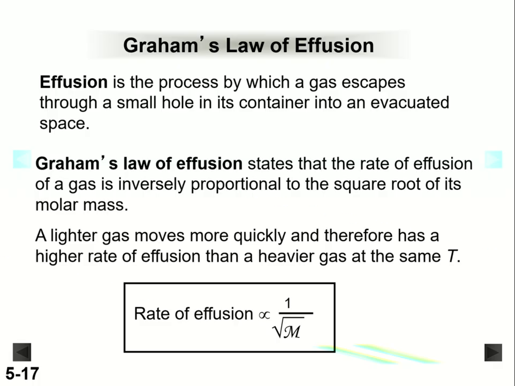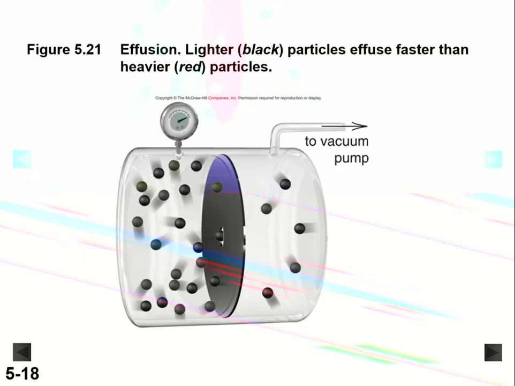The lighter gas moves faster and therefore gets out of the hole faster. And the rate of effusion then is proportional to 1 over the square root of the molar mass of the gas. We'll do problems with this later on. Here you can see effusion illustrated by black and red particles. The black particles are lighter and they escape faster.